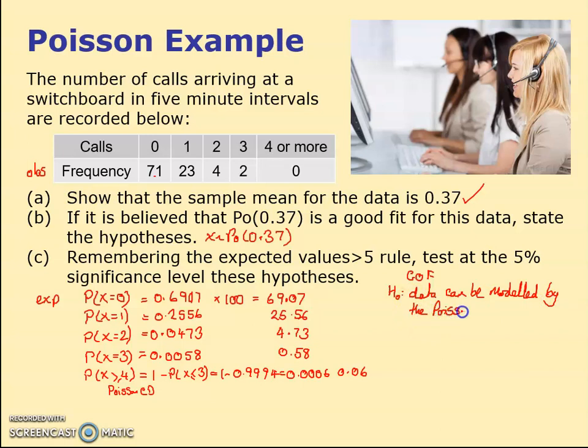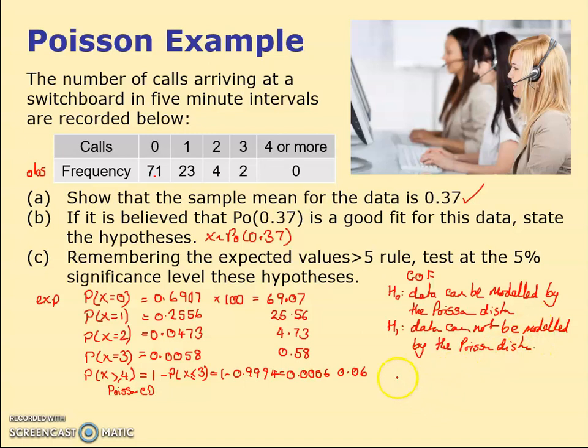It's very common to have to write that kind of distribution. I won't write it all. And H1 is broadly the same thing: the data cannot be modelled by the Poisson distribution. So you just get into that habit of writing those out and getting used to the fact that you're effectively going to say it fits or it doesn't fit.